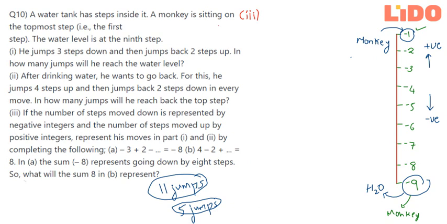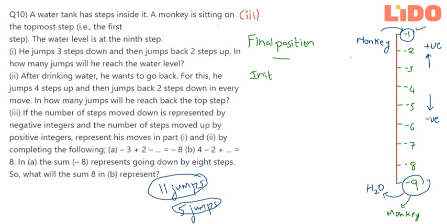Now if I have to represent the change in position numerically, I am simply going to do its final position. Let me write that down. Final position minus the initial position or the starting position.